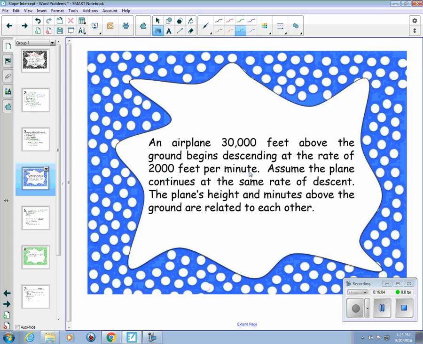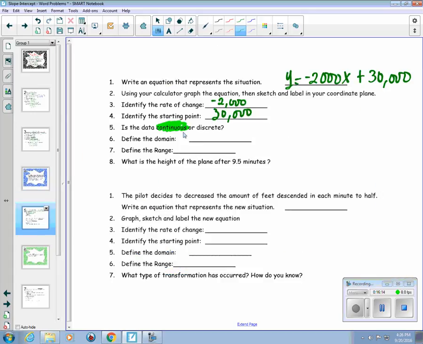So what depends on what? So very good. The height or the altitude depends on how much time is passing. So what is my domain? Minutes, which would be time, right? And then my range would be the height, and that would be in feet, if I'm not mistaken.